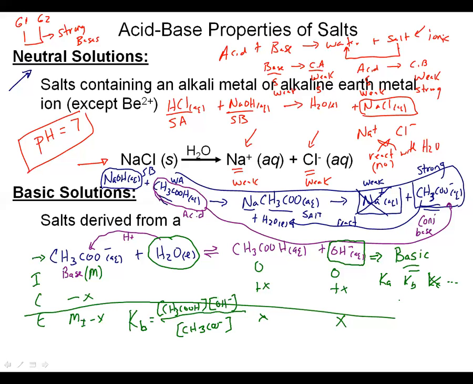So I think we talked about it earlier, but just to reiterate, when you have OH minus on the product side in any type of reaction that you are doing, and you need to do a calculation, you need to make sure that you are using a Kb value. And if you remember earlier, we saw a relationship between Kb and Ka, that the Kb times the Ka equals Kw.